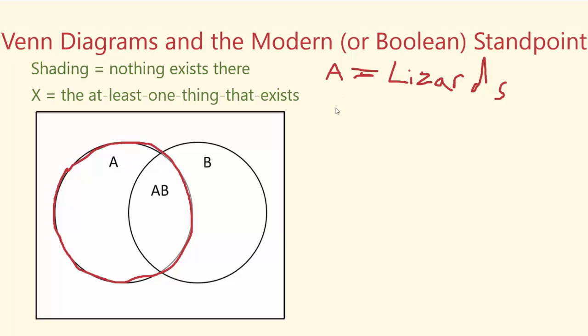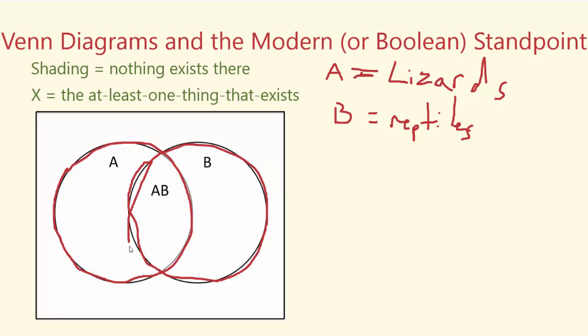And if we let the category B be reptiles, then anything that is a reptile falls in with this circle. And we've made it so that the circles overlap.